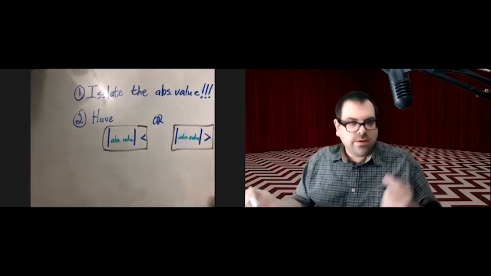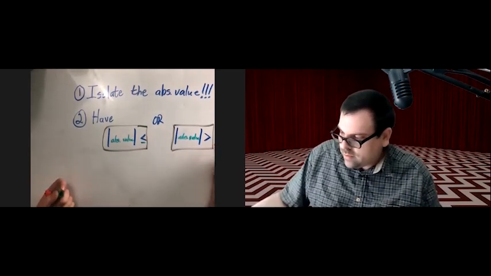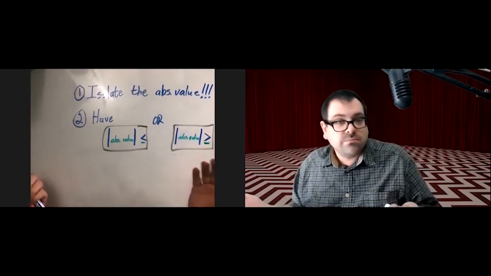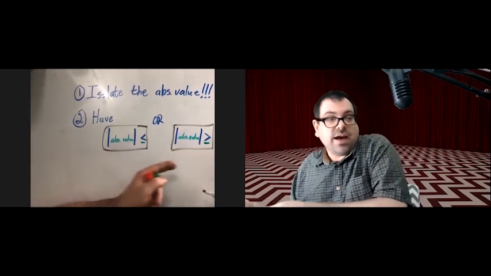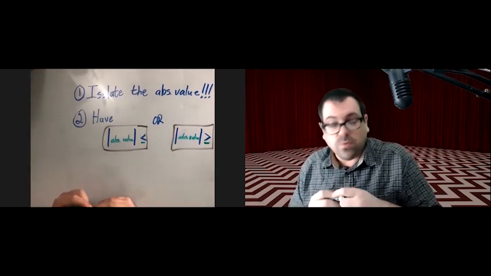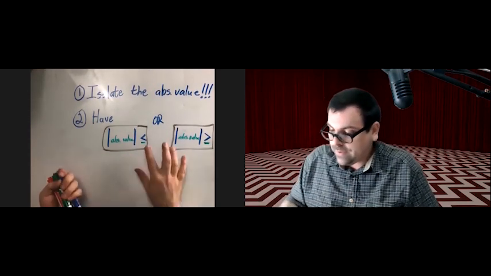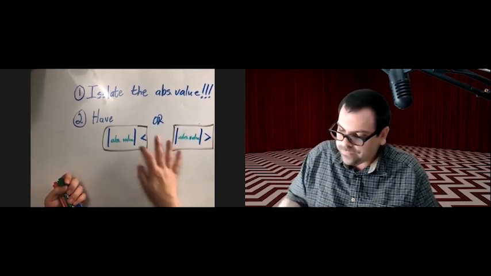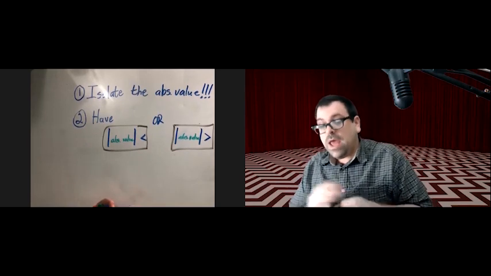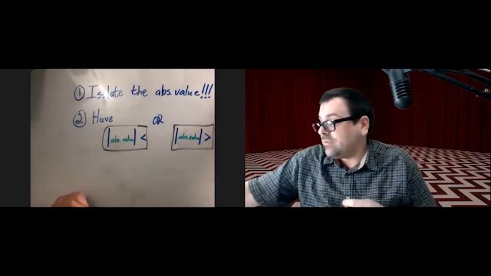Maybe there'll be or equal to's, maybe there won't be, but we're going to be able to classify it less than or greater than. And then we're going to have a different process for each one.